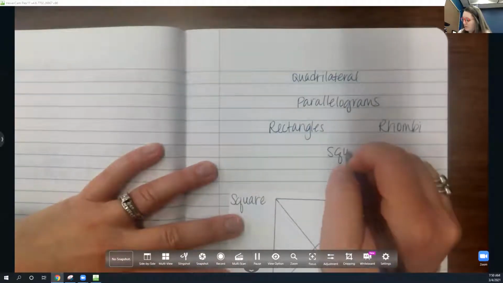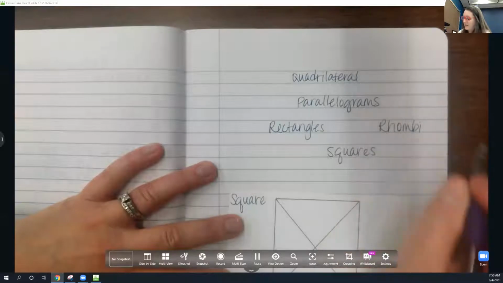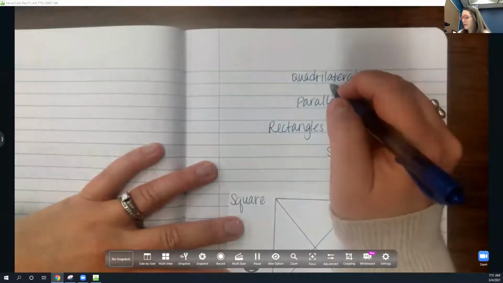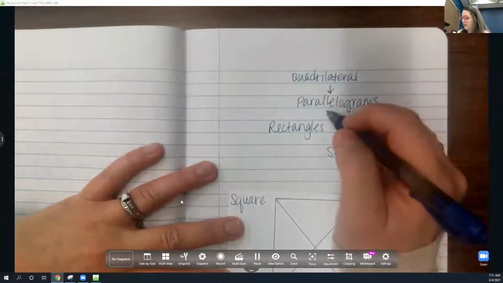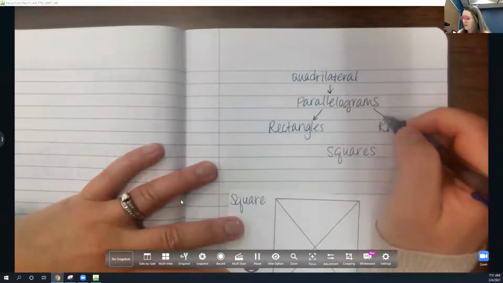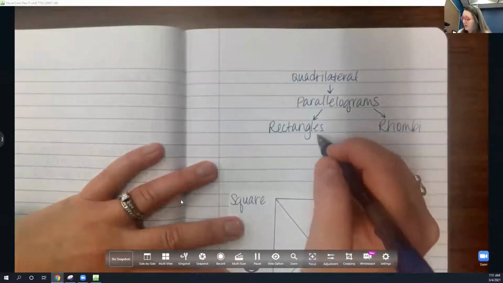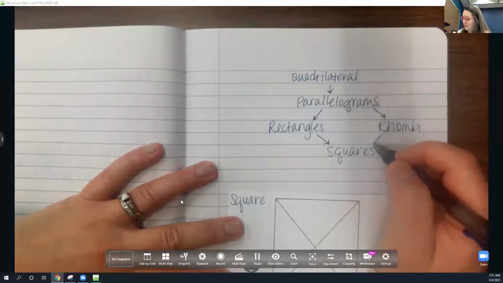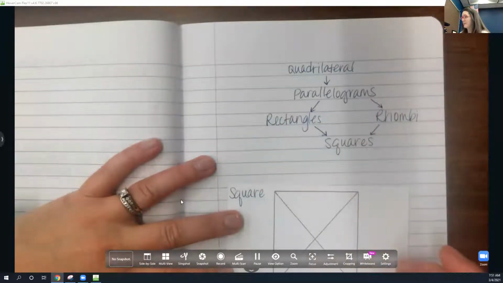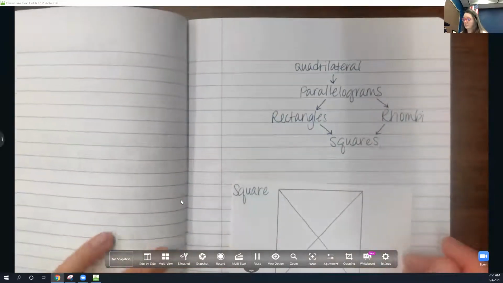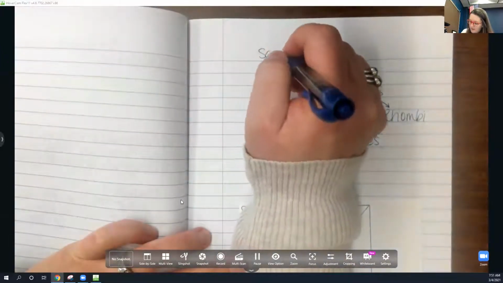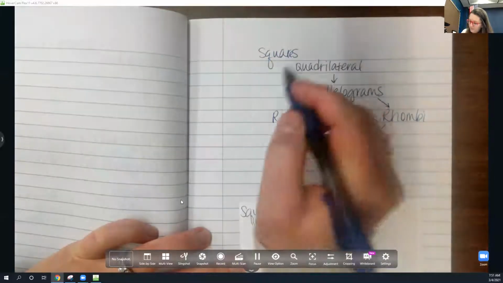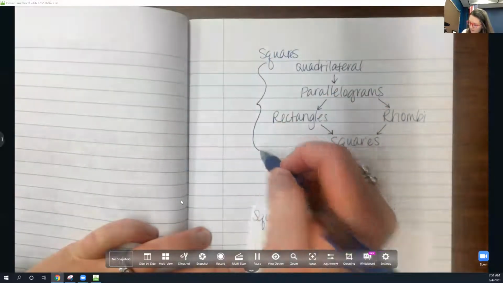Squares are very special in that they have all of the qualities of a quadrilateral. They have all of the qualities of a parallelogram. They have all the qualities of a rectangle and a rhombus. So the only additional quality, I'm going to put my title up here, squares. They have all of these qualities.